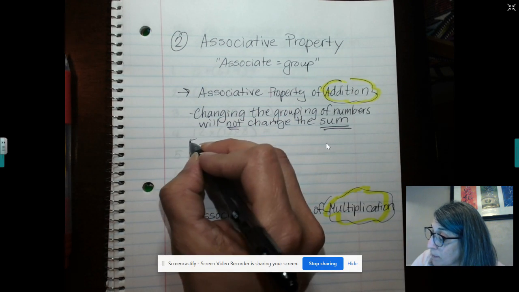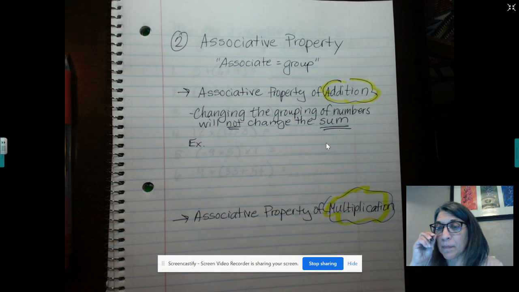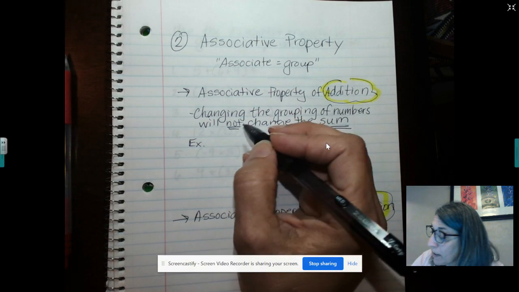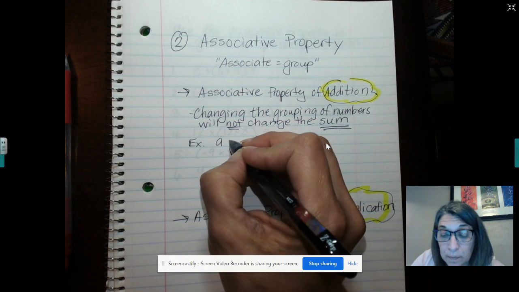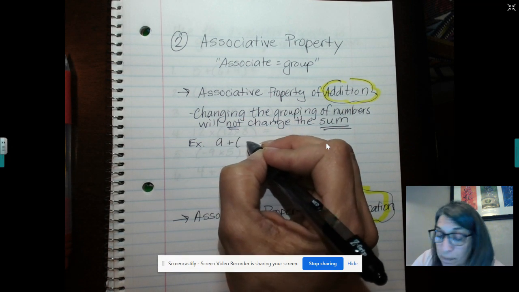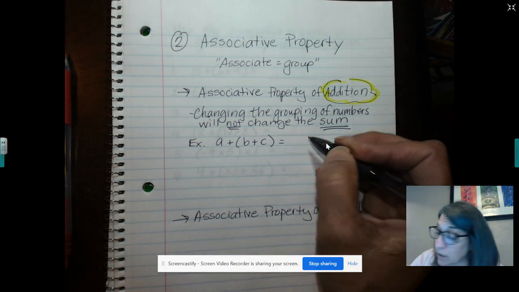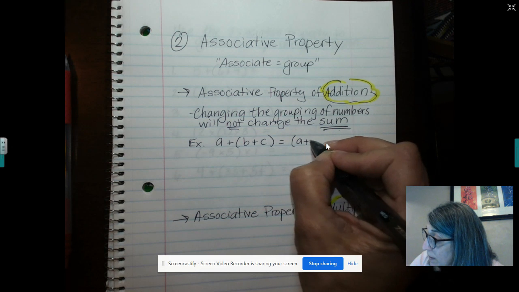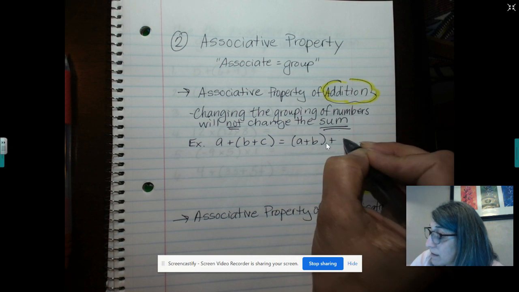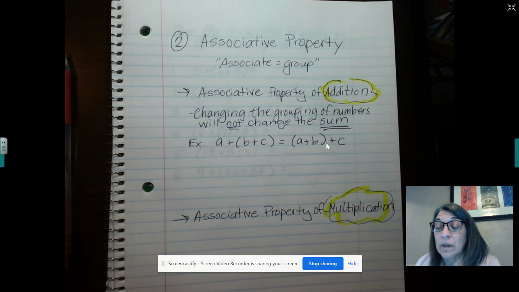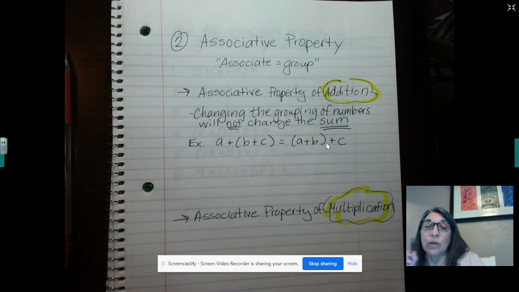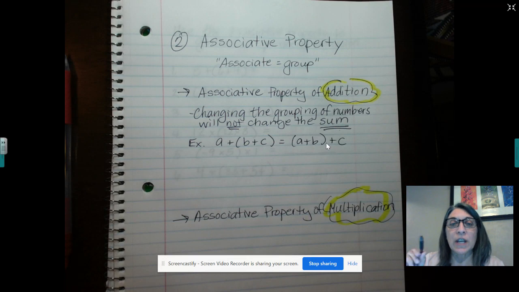So here's our example with variables, and then we'll do some examples with numbers. My example with variables is going to be A plus (B plus C) is equal to (A plus B) plus C. Let's talk about this for a second. The commutative property was about the order that they're in, the location, changing location.